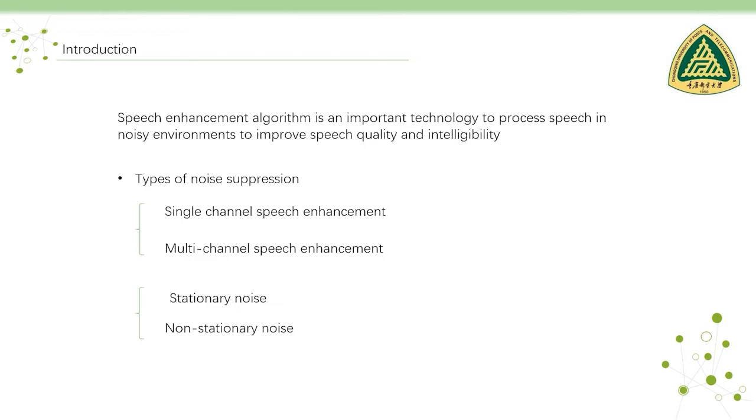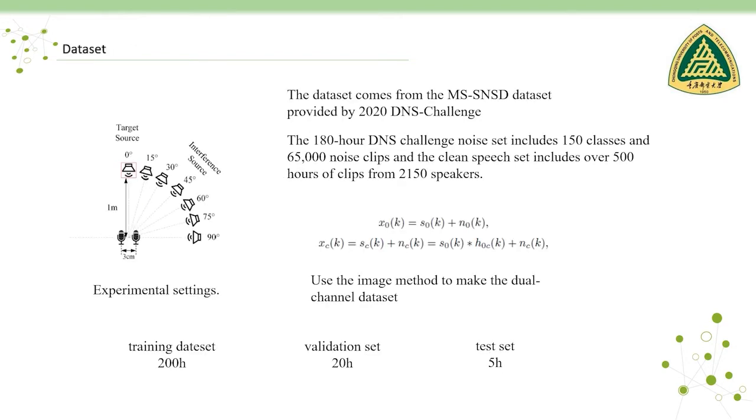Types of noise suppression are mainly divided into single-channel speech enhancement and multi-channel speech enhancement. Another is stationary noise and non-stationary noise. Our paper proposes a dual-channel speech enhancement method.